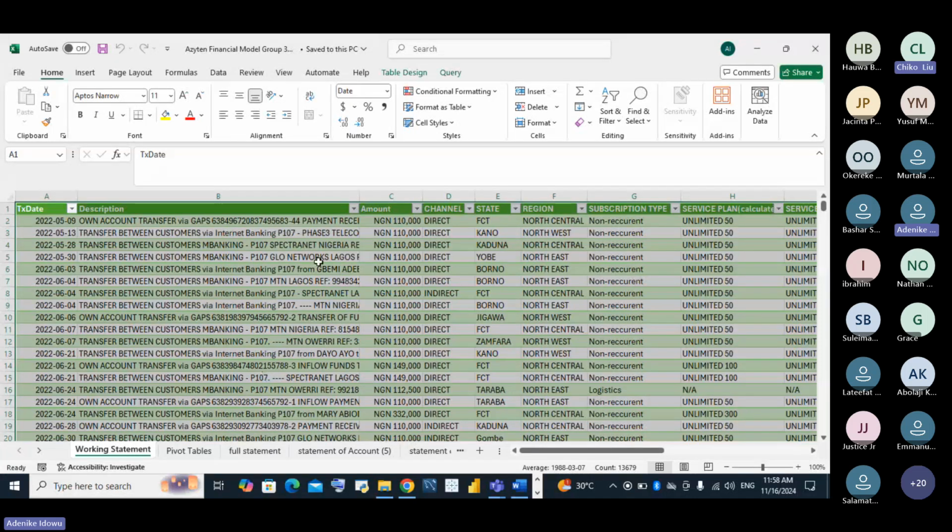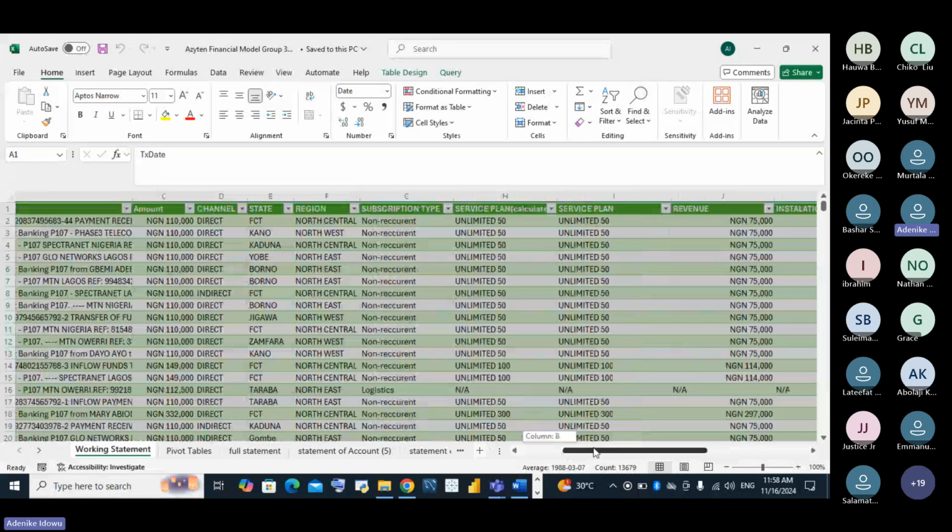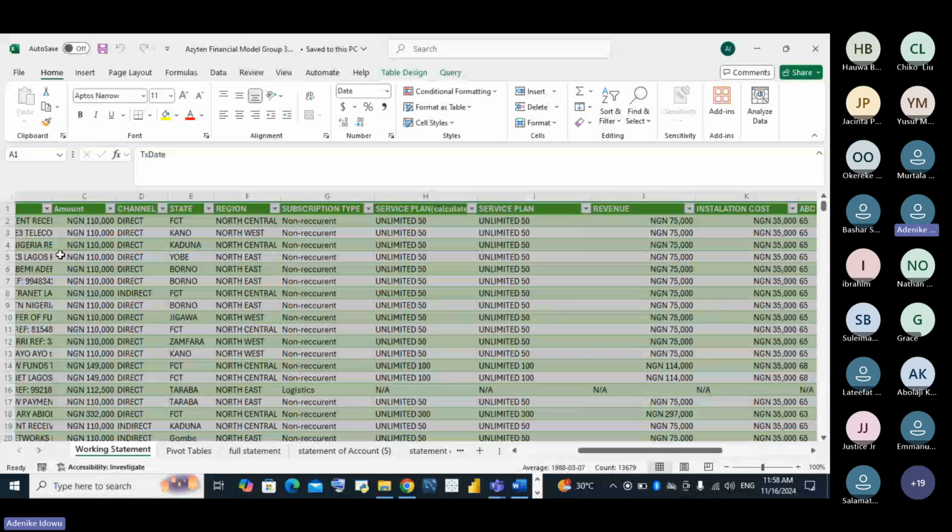Okay, good. This is our calculation. We have all this from the statement of account. So we distributed the statement of account to service plans using the amount paid. And if you remember, we were given another sheet, the service sheet. So we used that amount to match this amount.